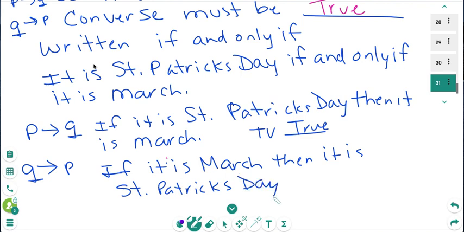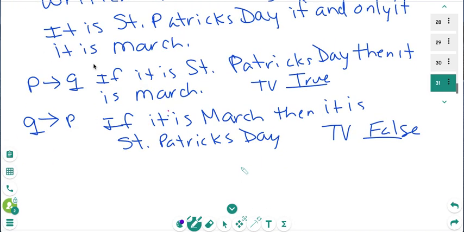But since there's more than one day in March, that means there are many days that are not St. Patrick's Day. So our truth value for that statement is false. So because both of them are not true, we would say the biconditional statement is false.